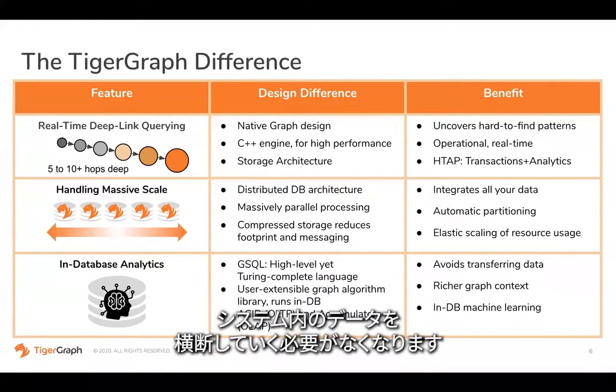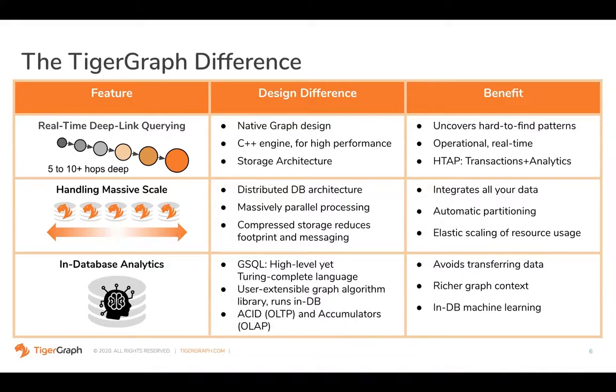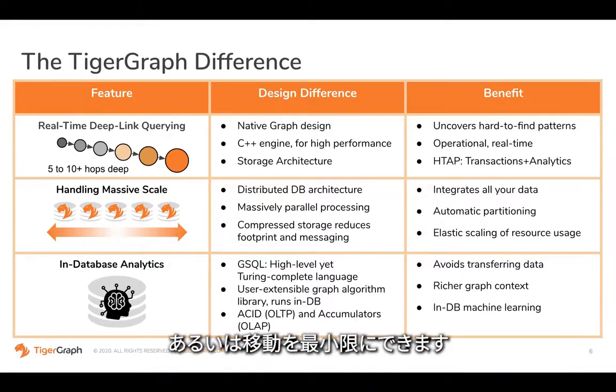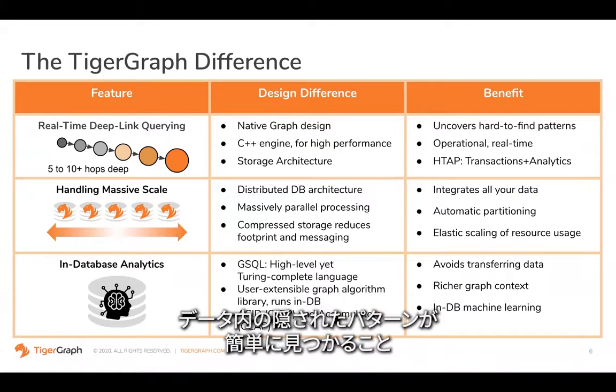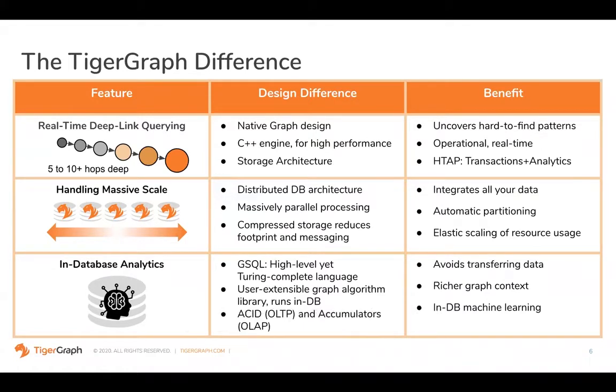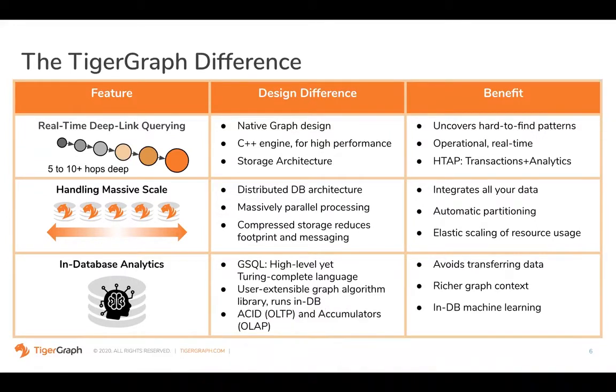So there is no need to traverse, and messages don't have to travel within the cluster, or at least are limited as much as possible. So in total, the benefit is you're able to find hard-to-find patterns in the data easily. You're able to support operational use cases because of the performance. And then you have one generic system that supports both transactions and analytics, which is how we position our product.